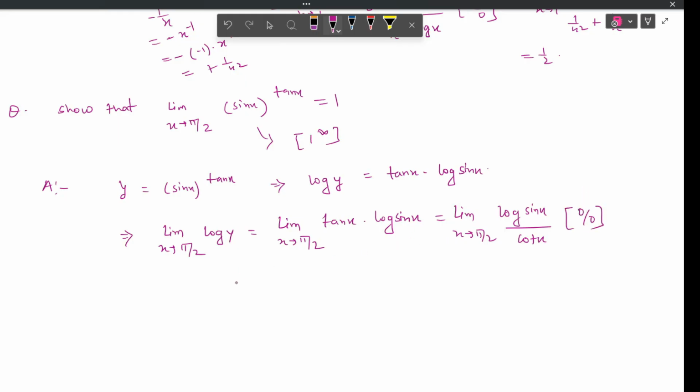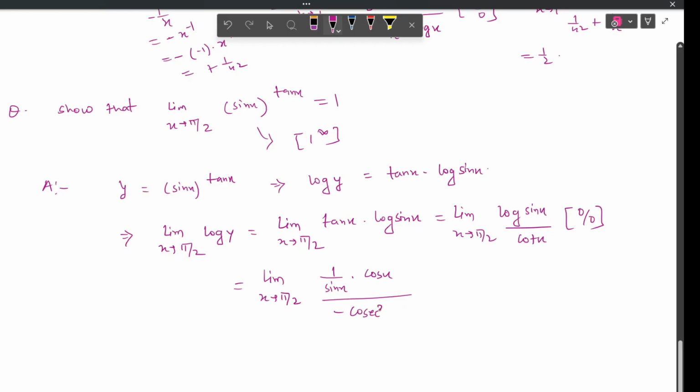Now you have to take differentiation. So limit x tends to pi by 2, differentiation of log of sin x is 1 by sin x. Differentiation of sin x is cos x, and differentiation of cot x is minus cosec square x.